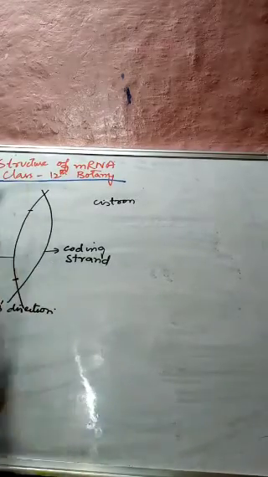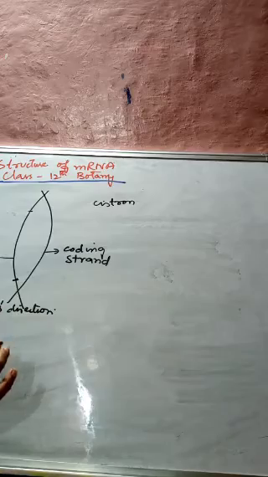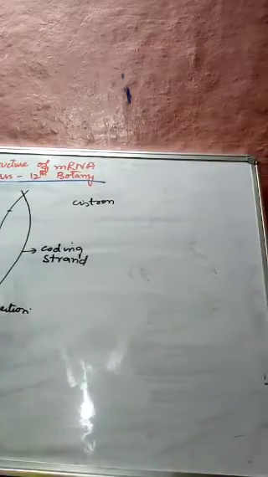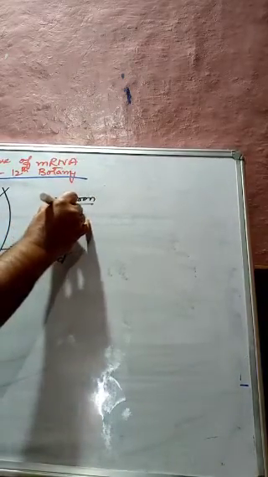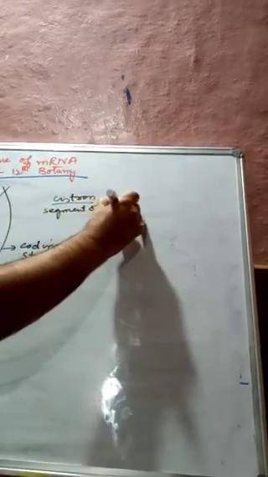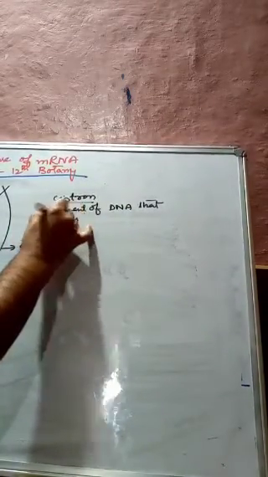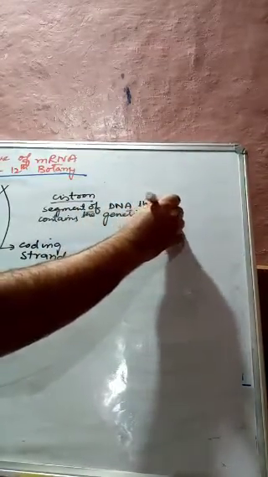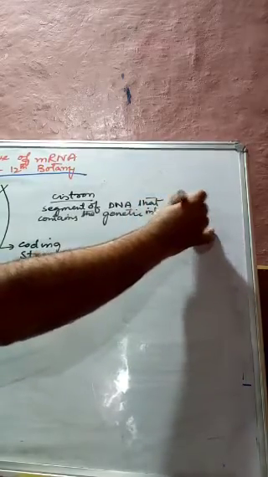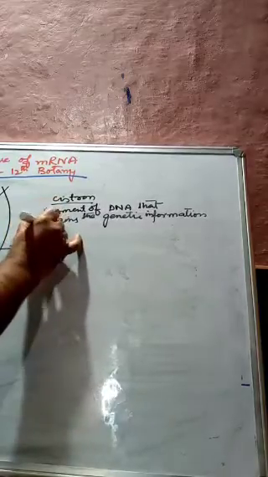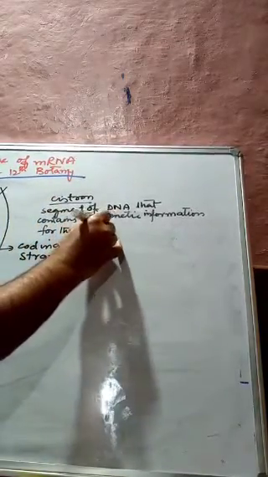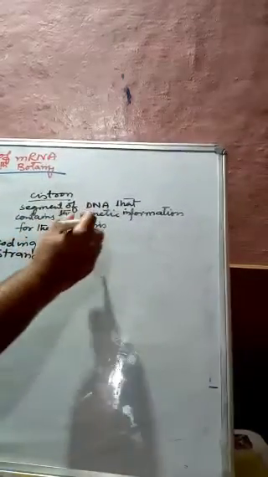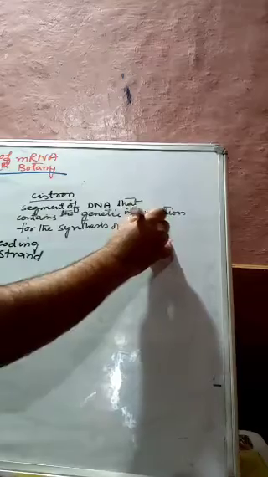Cistron is the segment of DNA that contains the genetic information for the synthesis of one polypeptide chain.